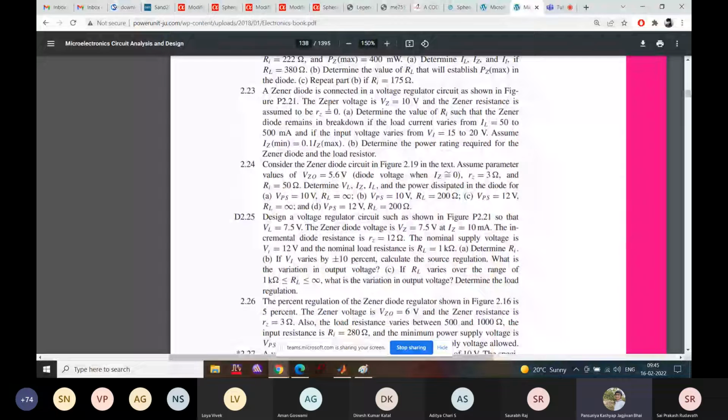Sir, resistance is 20 ohm. Resistance is? Determine the R. So R max is 20 ohm. No. What's the maximum current you are getting, Zener? What's the maximum current you are getting there?